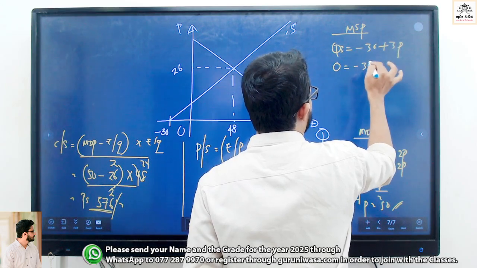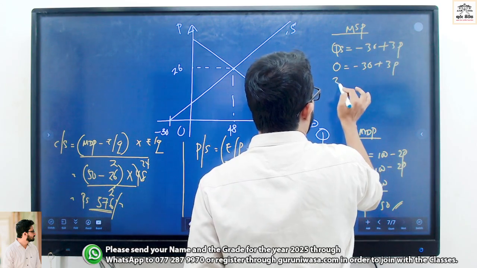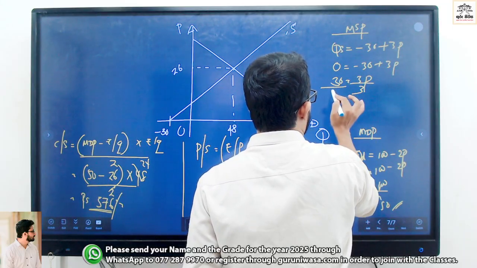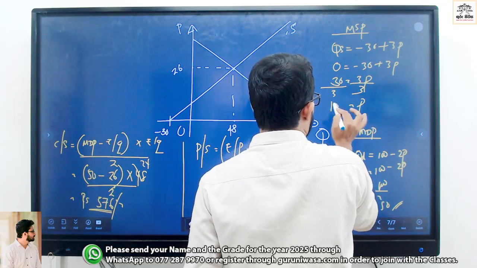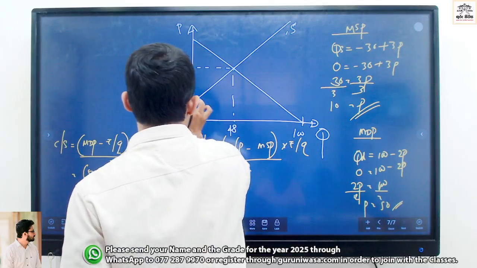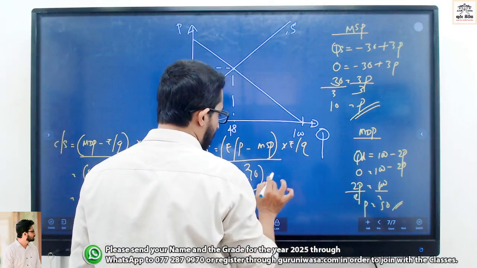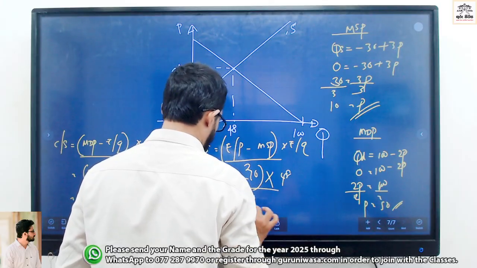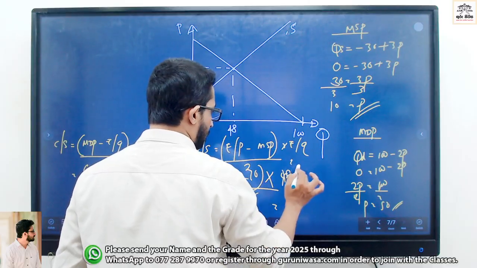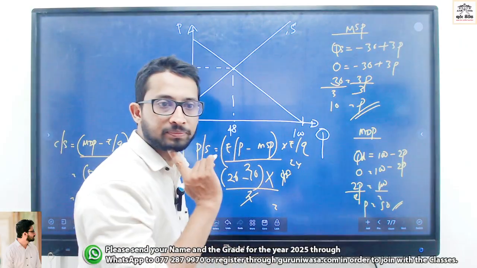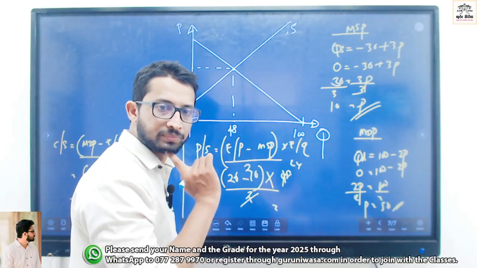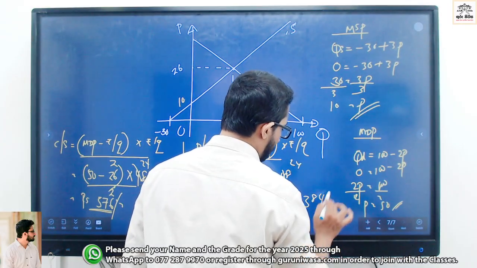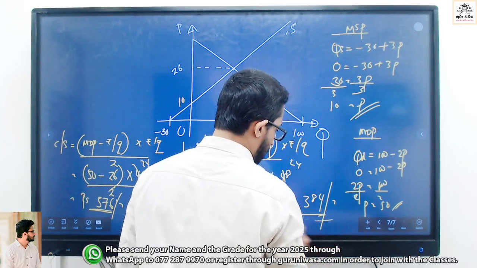Substitute 0: 0 equals minus 30 plus 3P, so 30 equals 3P and P equals 10. Minimum supply price is 10. Times equilibrium quantity 48 divided by 2: 24 times 16, which is 384. This is producer surplus.